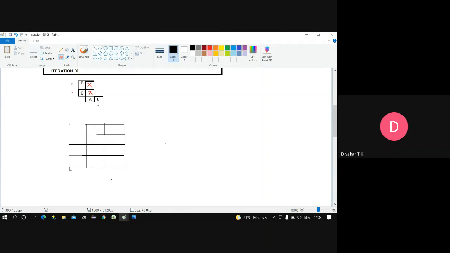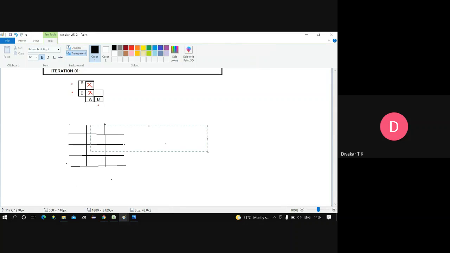So what are the symbols now? This is 0, and this is 1.